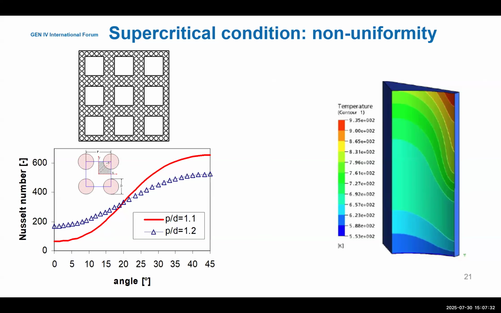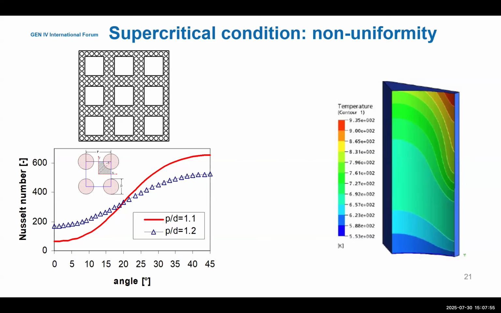But for the SCWR, we use a P/D ratio of about 1.2 or 1.1. And for the tight lattice, there is a non-uniformity of the heat transfer. It can be found from the numerical simulation and also from the experimental work.